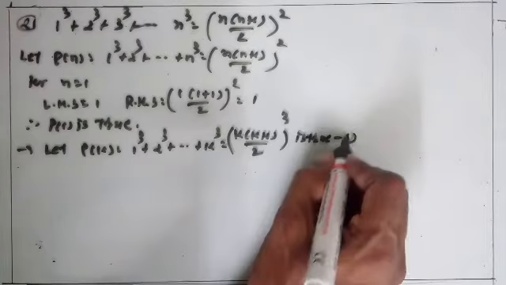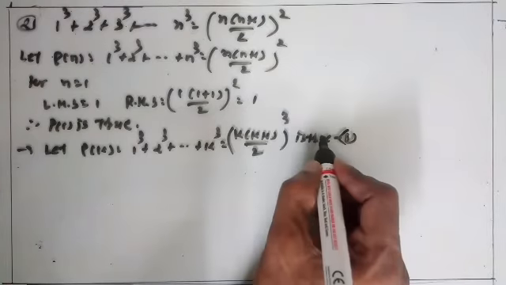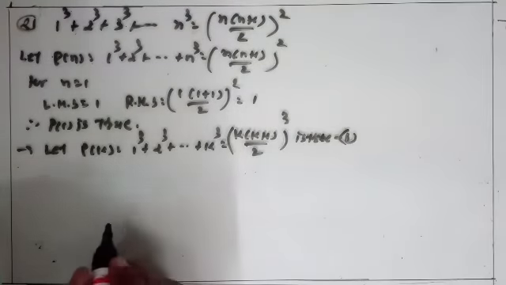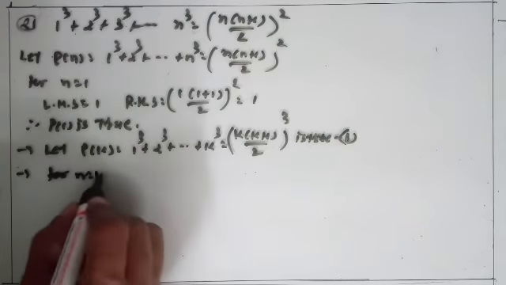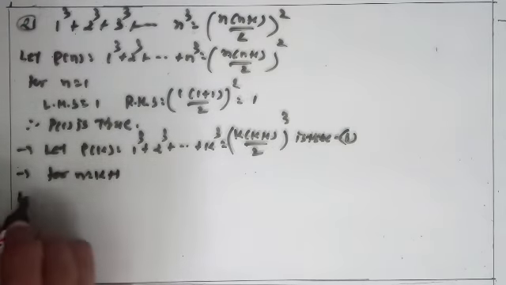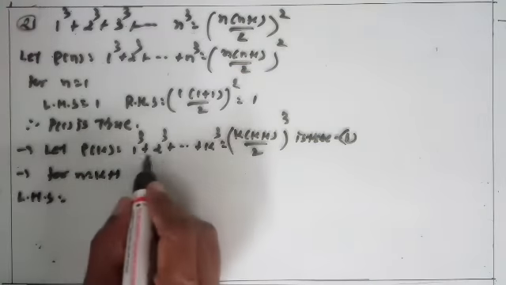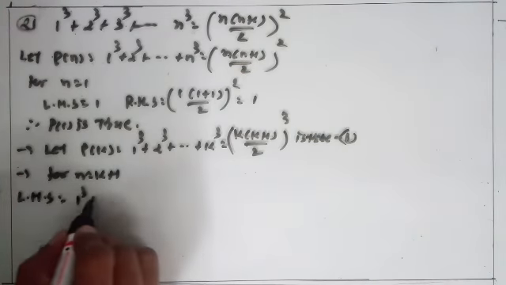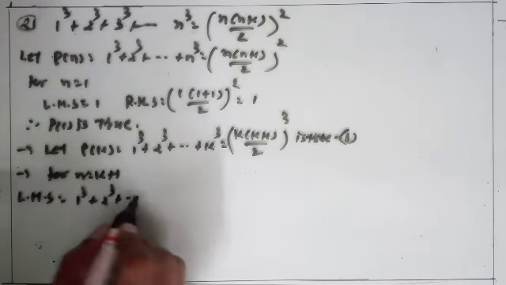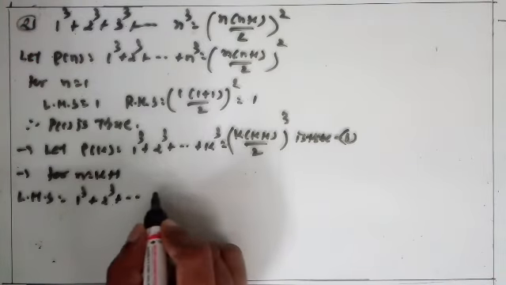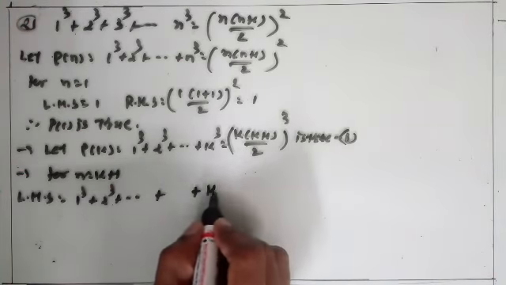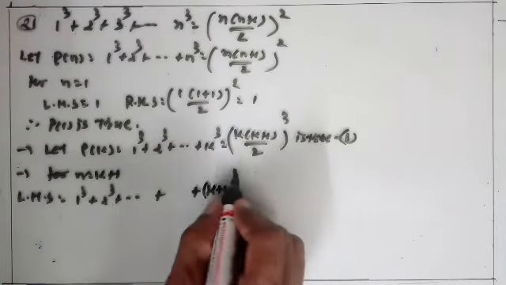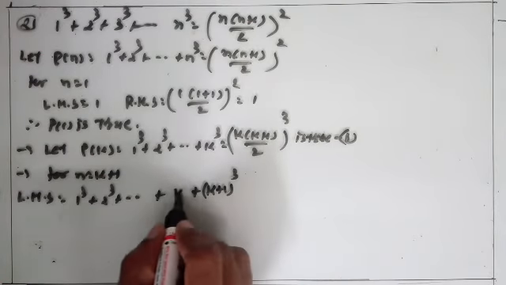Take this result number 1. Using this result, we prove that Pn is true for n is equal to k plus 1. For n is equal to k plus 1, left hand side LHS is equal to 1 raised to 3 plus 2 raised to 3 plus up to, here the last term becomes k plus 1 raised to 3 and its previous term k raised to 3.